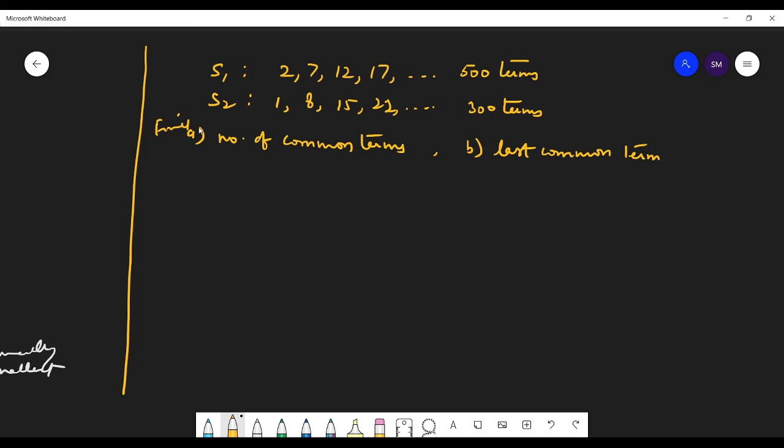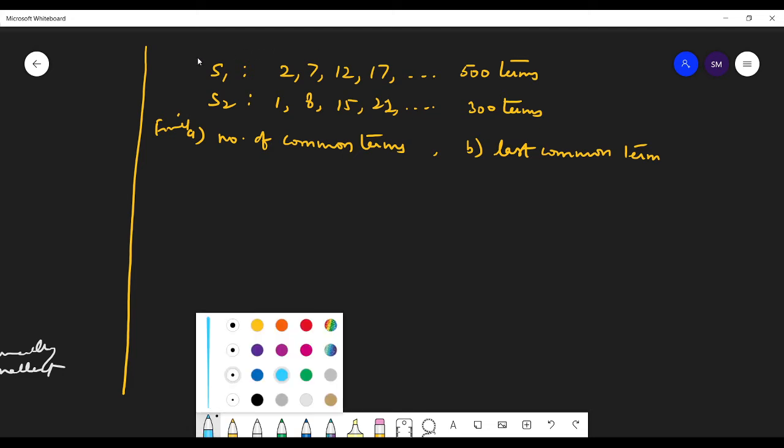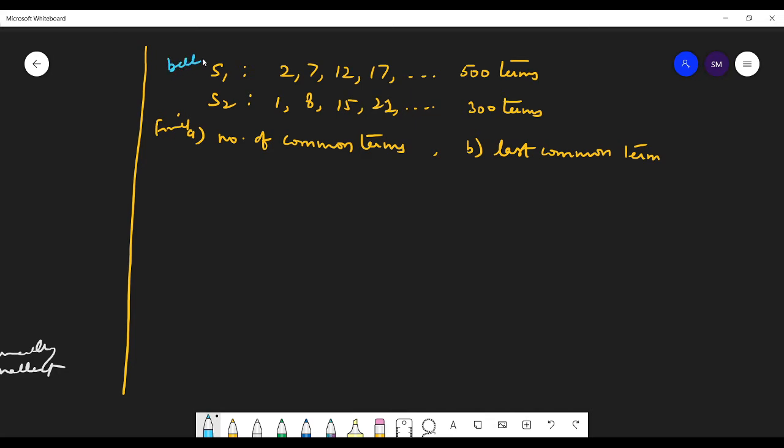This is something like what we did in questions right from class 6th: bells are ringing, suppose in a temple, and this bell is ringing at 2 seconds, then 7 seconds, then 12 seconds, then 17 seconds, and in the same temple another bell is ringing at this time interval. So when will the bells ring together?